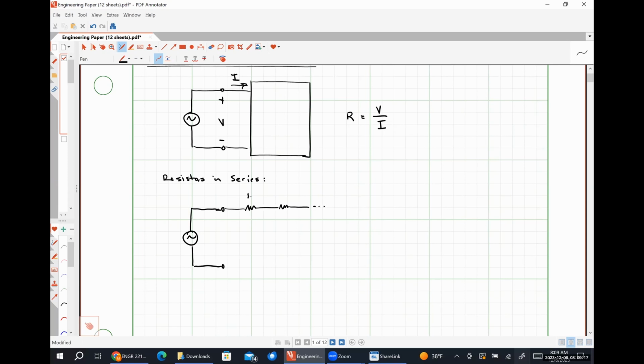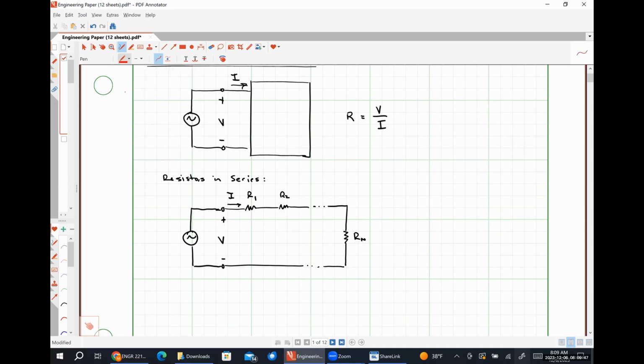So I'm going to call this resistor R1, this resistor R2, all the way out here to the nth resistor, like so. And I'm going to define the voltage drop across this network of resistors as V, and the current flowing through this network of resistors as I.